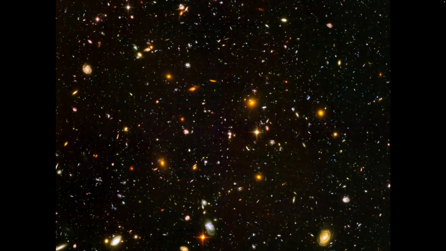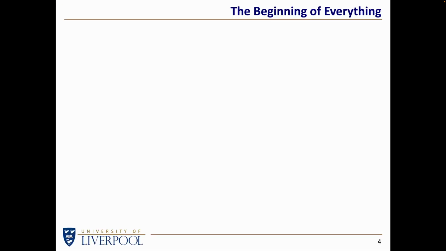So we know that a snapshot, such as for instance the Hubble Deep Field series, gives us an indication of just how many galaxies there are. A small chunk of sky contains thousands of galaxies, so that gives us an idea that the observable universe contains something like 1 trillion or so galaxies. But we have the question of where it all came from.